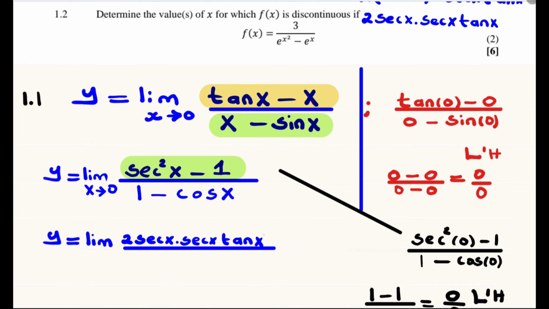And now we differentiate the denominator separately, and the derivative of that 1 will be 0 minus the derivative of cos x, which is equal to negative sin x. This is as x approaches 0.